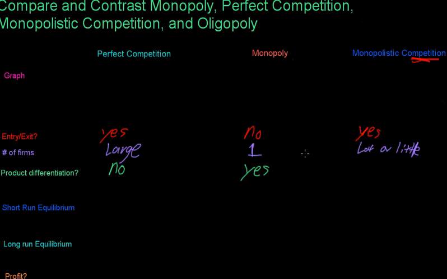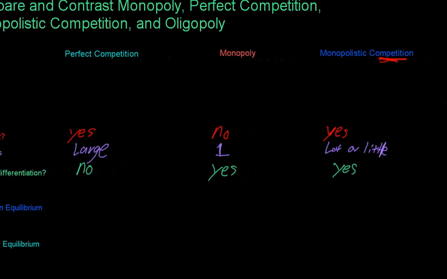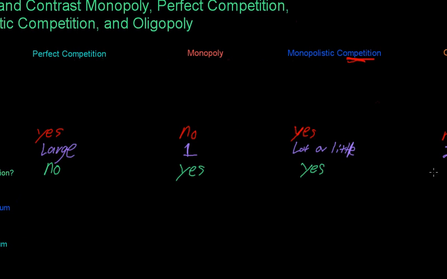In monopolistic competition, you can differentiate the product. And we're going to see that entry and exit being possible, but also being able to differentiate the product in this market structure is really what makes it work. And then in oligopoly, there also is product differentiation because there are only a certain number of firms.